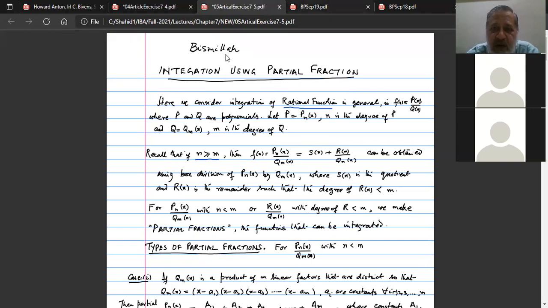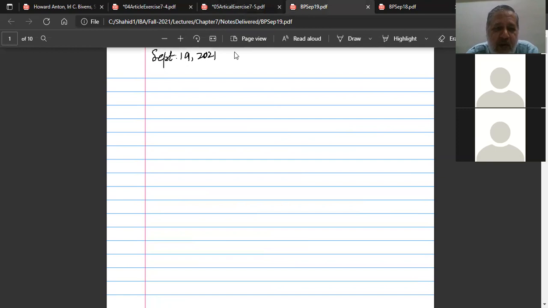So this situation is demonstrated, for example, by x cube plus 1 upon x square minus 1. So we see that the numerator is P3(x), the third degree polynomial, and the denominator is Q2(x).